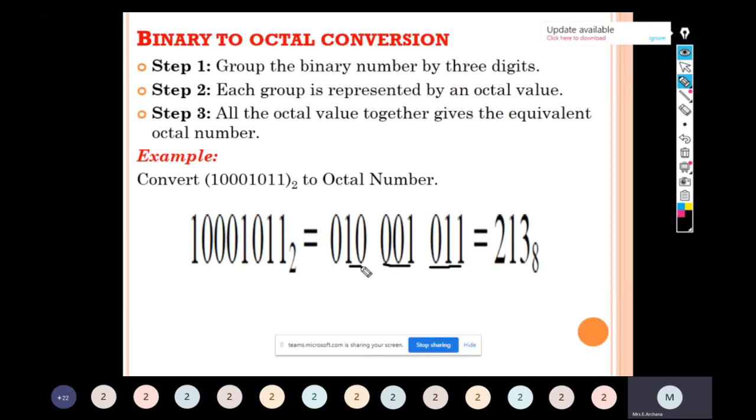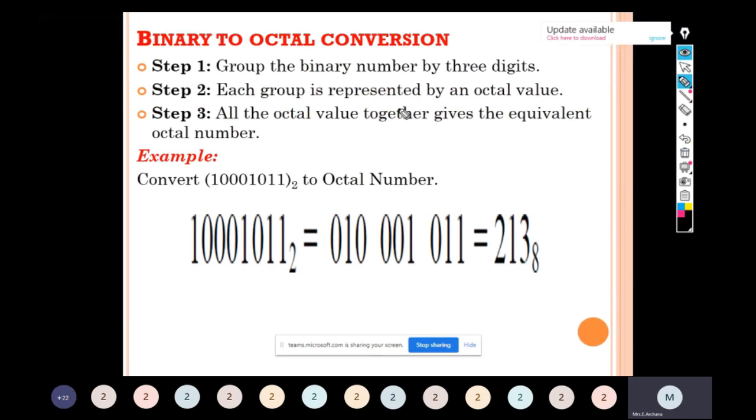Next is 1, but I need 3 digits to make a group, so I can add leading zeros. So the third group is 001. From this grouping, we can convert into the corresponding octal number. So 001 belongs to the octal number 1, 000 belongs to 0, 101 belongs to 5. So this is the binary to octal conversion.